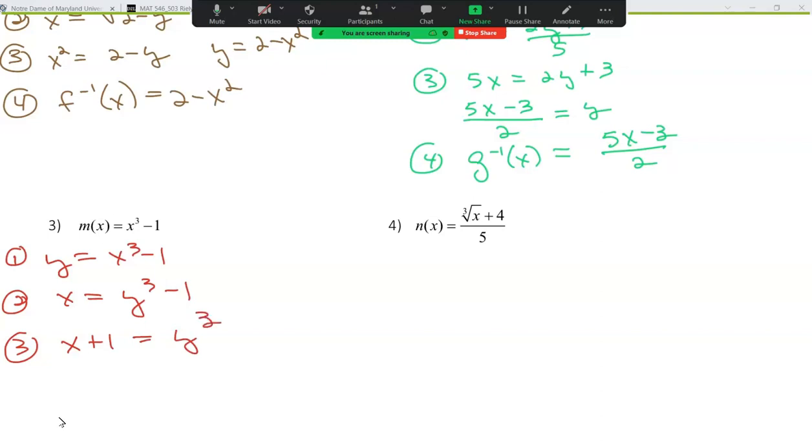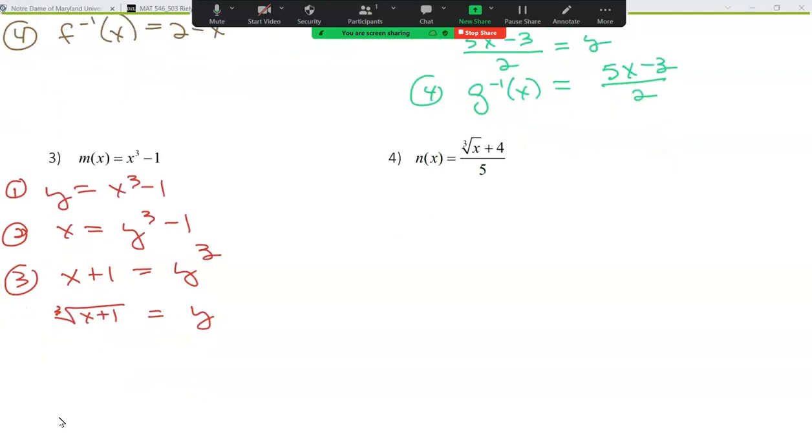But I want to get just plain old y, so take the cube root of both sides, and you can isolate the y like that. So m to the negative 1 of x equals the cube root of x plus 1. And that is the inverse function.